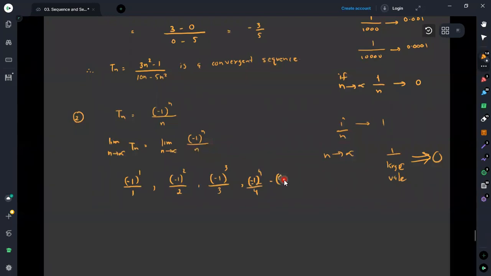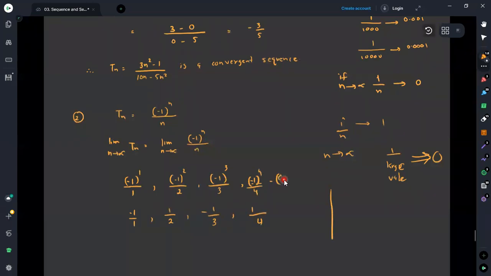If you see this series, you will get minus 1 over 1, the next value is plus 1 over 2, then minus 1 over 3, then plus 1 over 4, likewise we'll have this sequence.